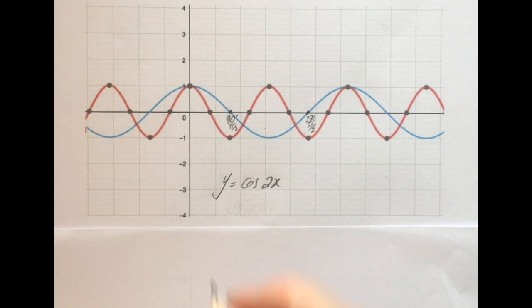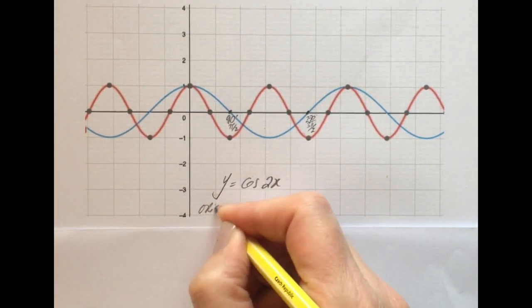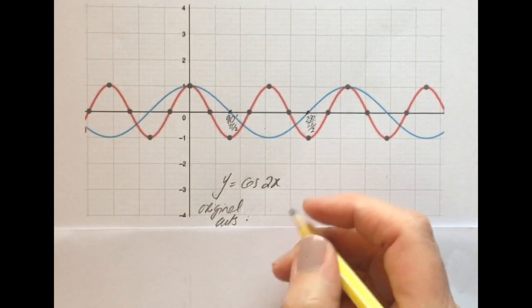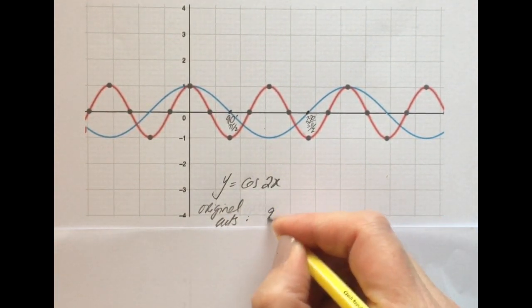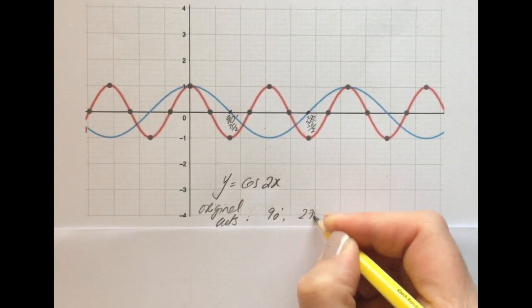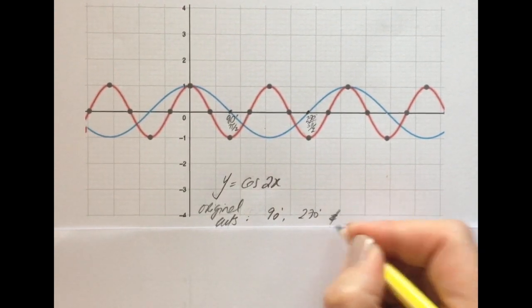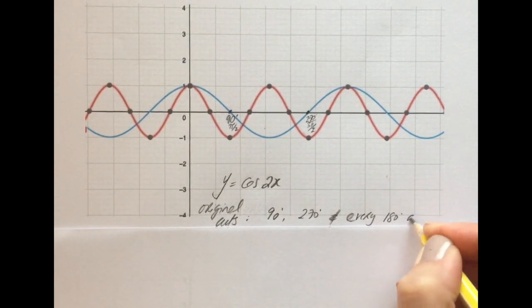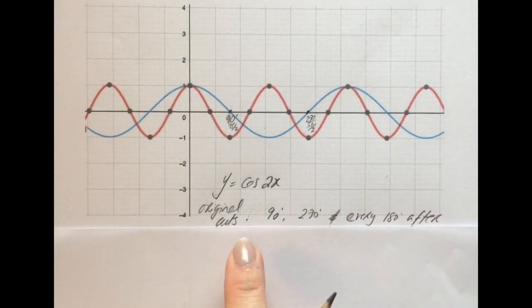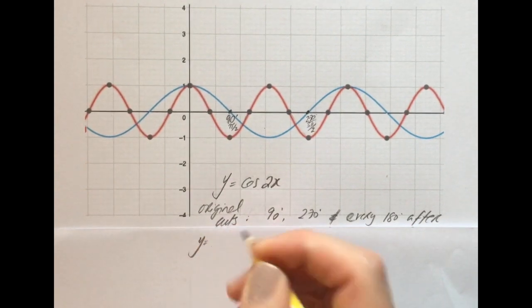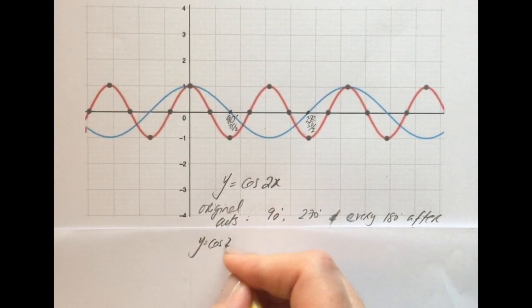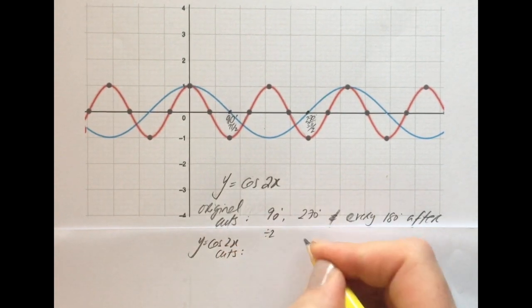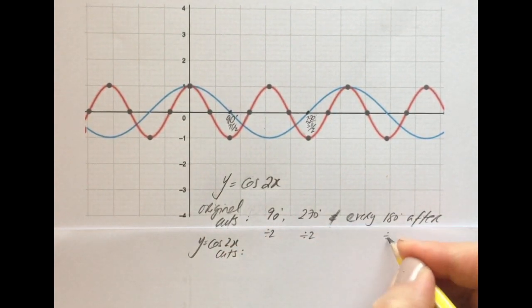the x-axis. So the original cuts, let's analyze that. Well, the original cuts on the y equals cos x curve are of course 90 degrees, 270 degrees, and every 180 degrees after. And of course now if I have y equals cos 2x, that is going to cut, we'll divide by 2, divide by 2, and divide by 2.